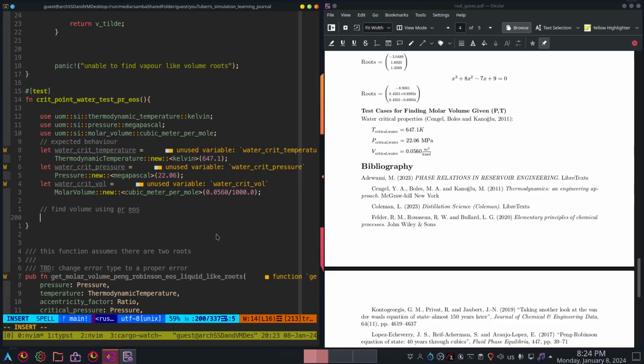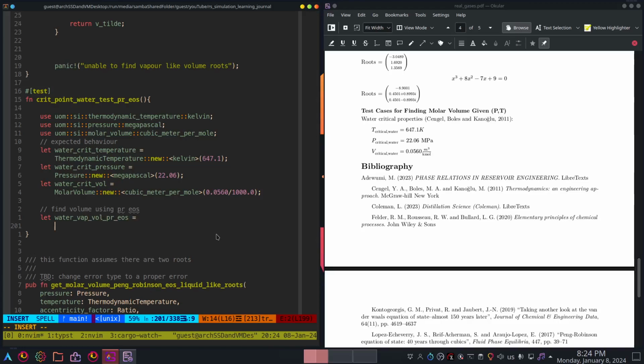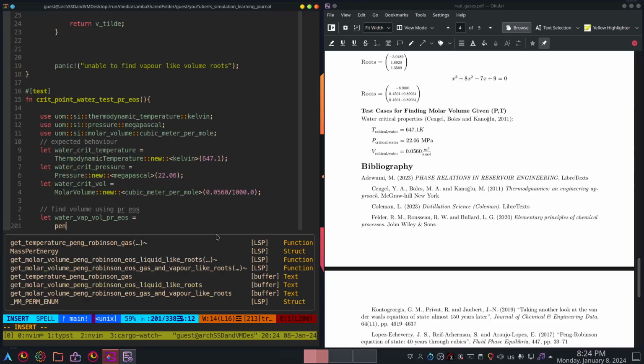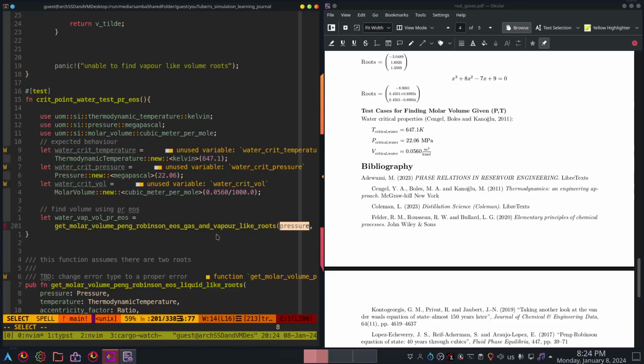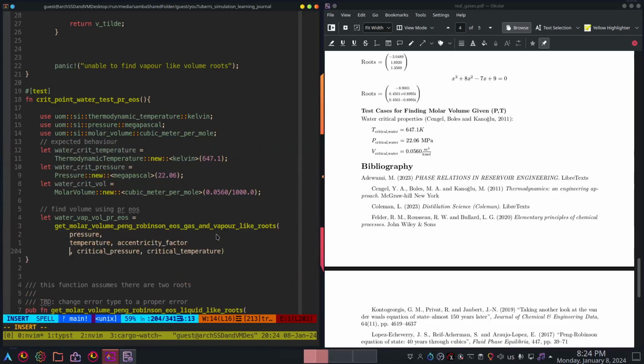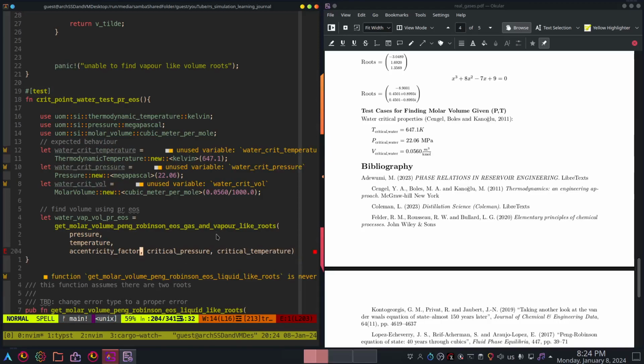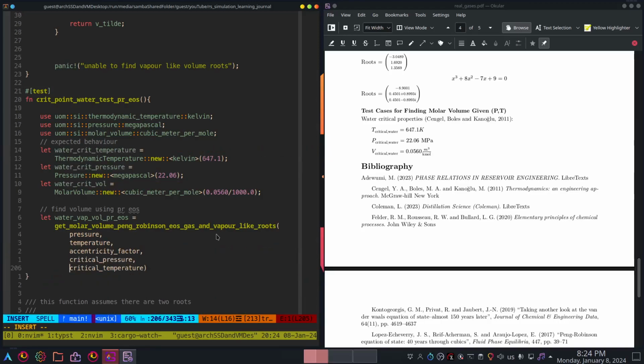So let water volume, vapor volume, PREOS equals the Peng-Robinson equation of state, find the vapor-like roots. There are a few things here. I need to put in the eccentricity factor, critical temperature, critical pressure, and so on.